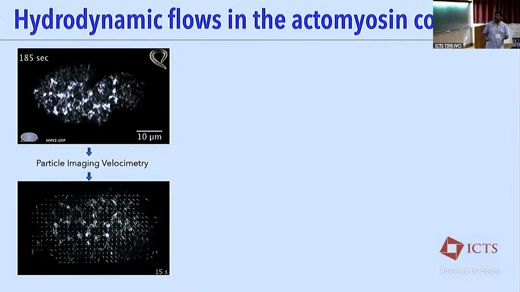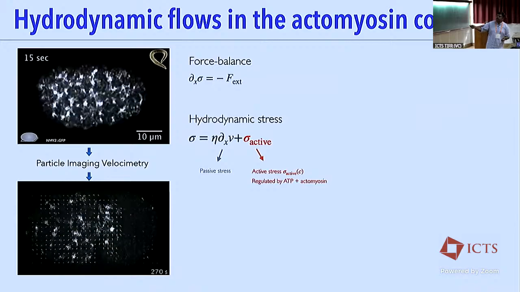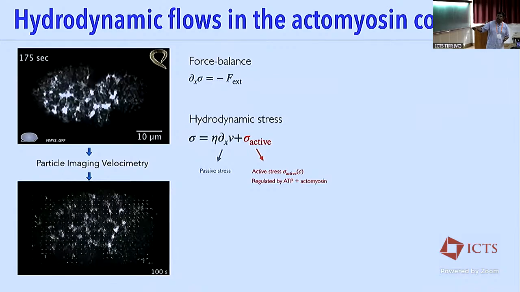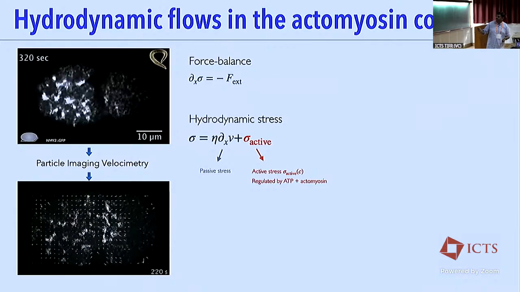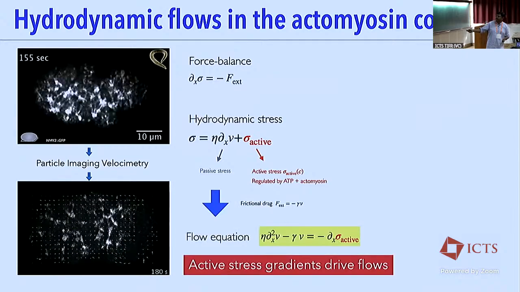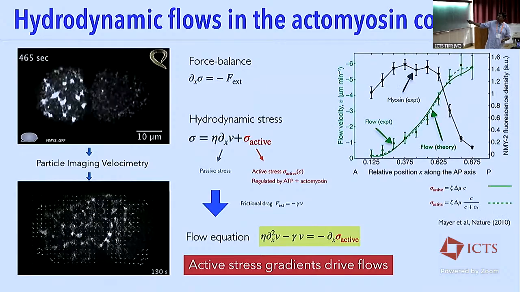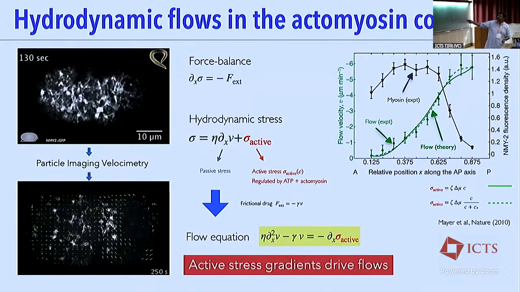I would like to check if my active mechanics can make quantitative predictions. So in one dimension, that is, I assume motion only along this direction and I average out the y direction, I can write force balance in one direction and get a flow equation where active stress gradients drive flows. Experimentally, I can measure the myosin profile from the real worm.